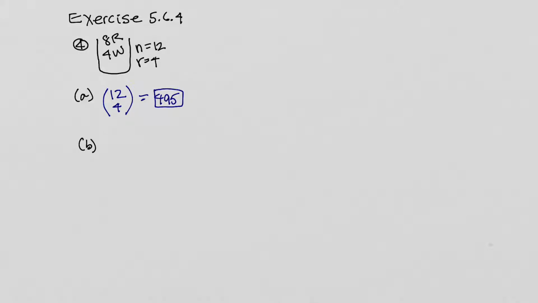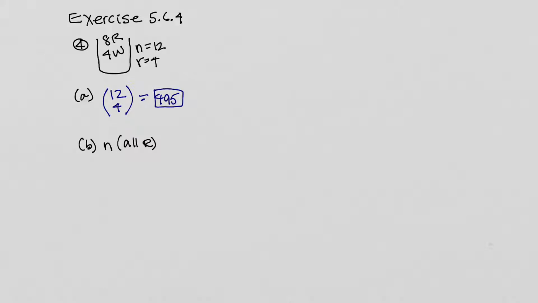Now for part B, we're asked how many samples contain all red balls. So I'm going to write that here. What I want is the number of ways that we can get all red. When I do these problems, I'm going to write it in English first. This gives me a chance to have it go through my head and figure out what I'm looking for. So how can we get all red?